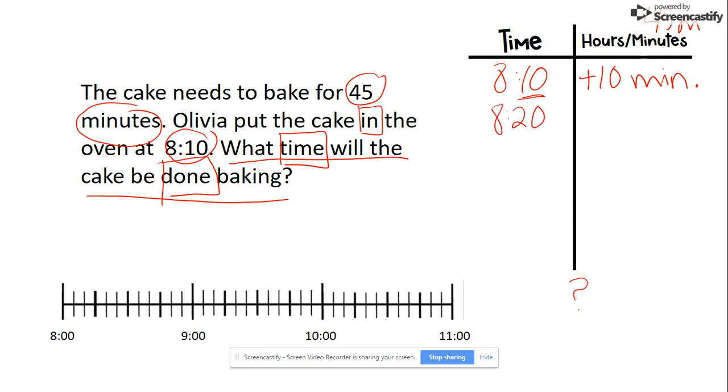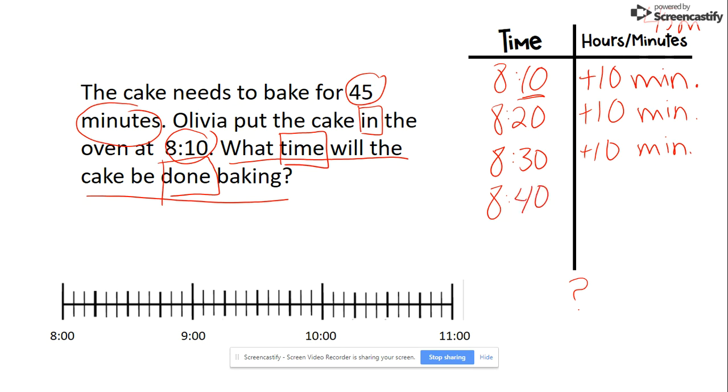I haven't added 45 minutes yet, so I'm going to add another 10. 20 plus 10 would be 8:30. Another 10 would be 8:40.